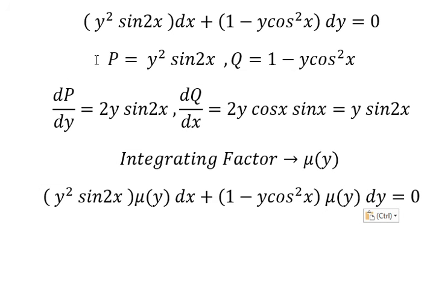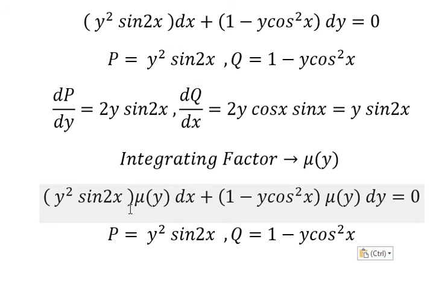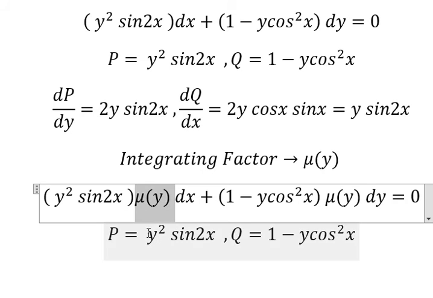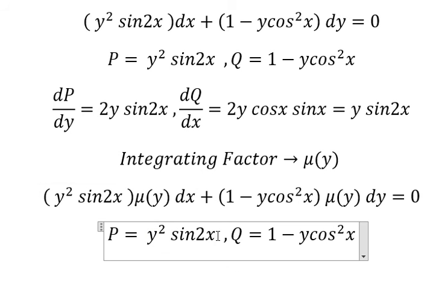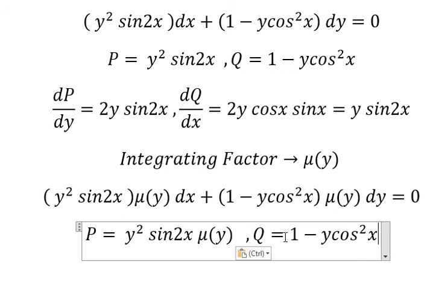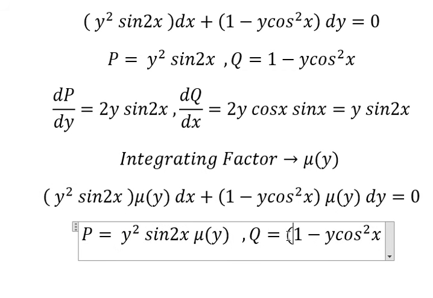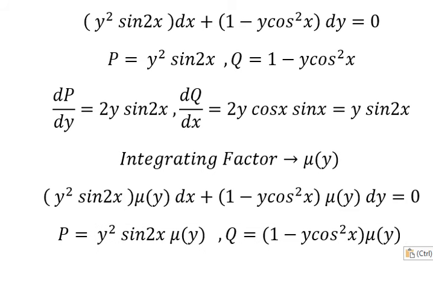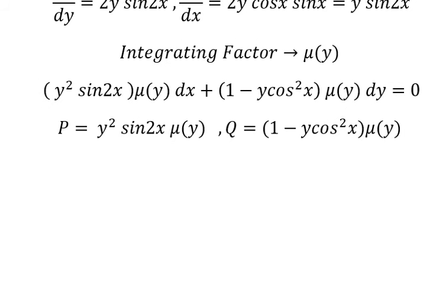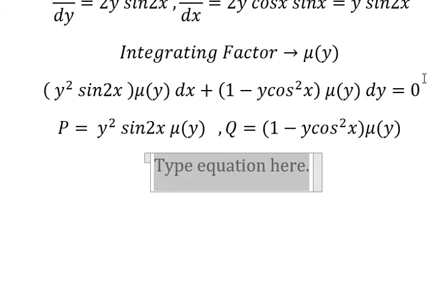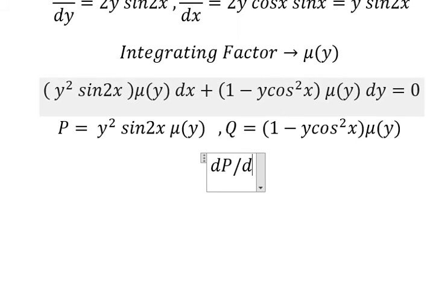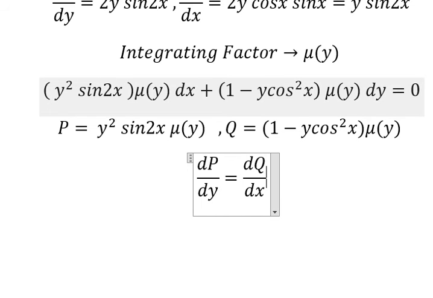And now we have the new one for b and q in here. So we want to have db over dy equals to dq over ds.